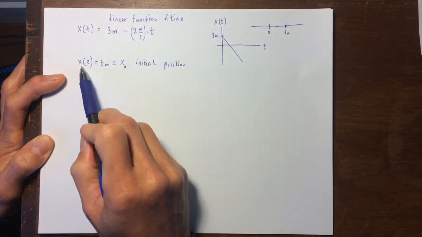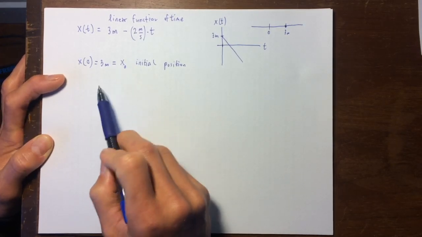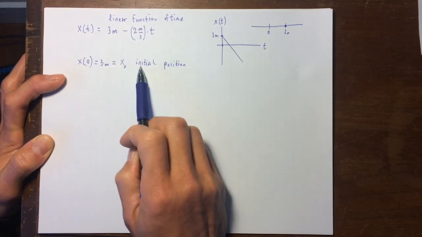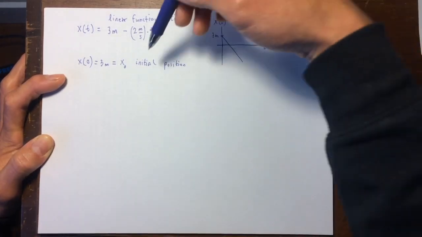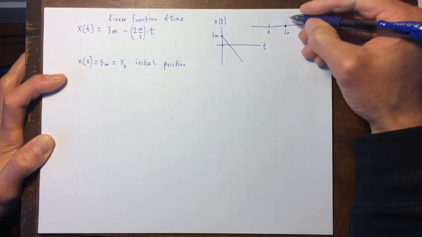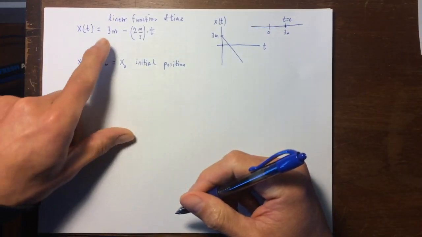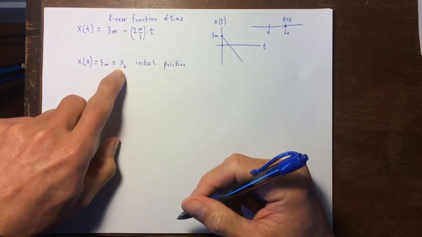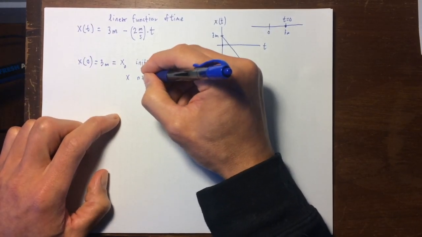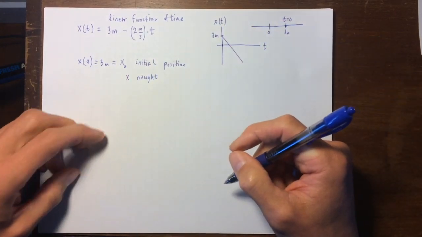That is, x at 0 gets this special name, x sub 0. It's just the evaluation of the position at the initial time. That initial position, I showed it here, and I showed it here. That's the position at t equals 0 seconds. So that thing I could call x naught, N-A-U-G-H-T, naught.